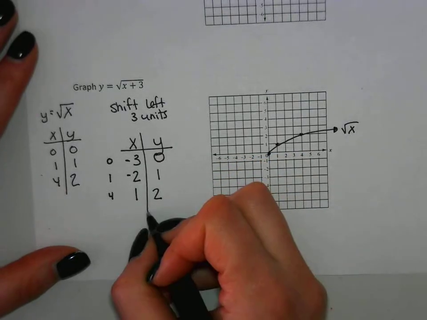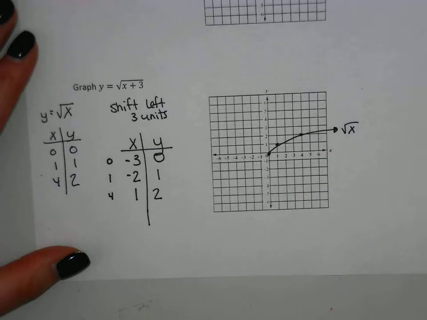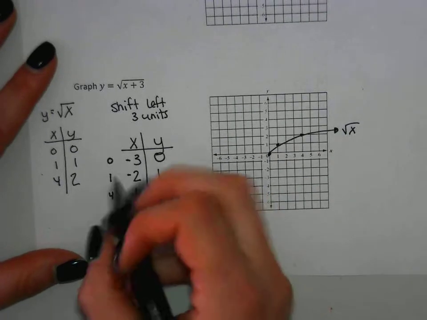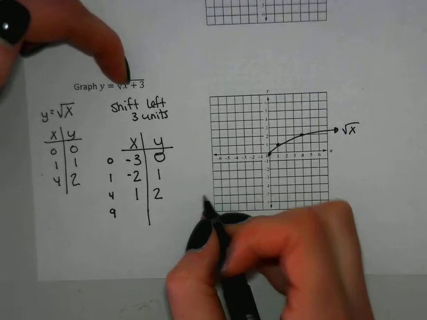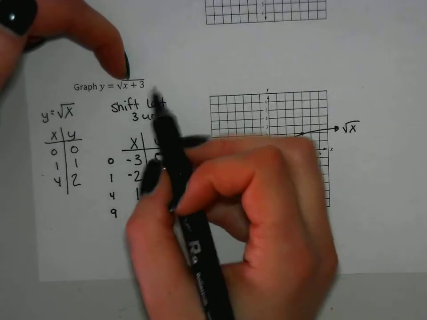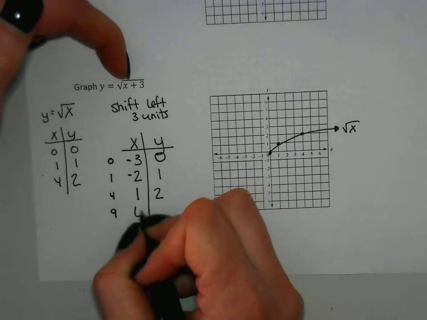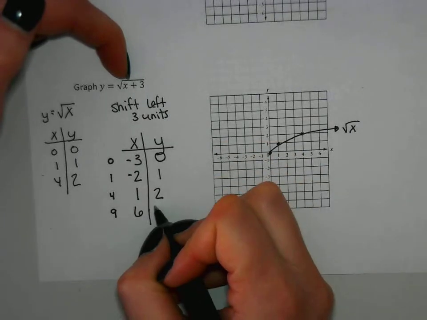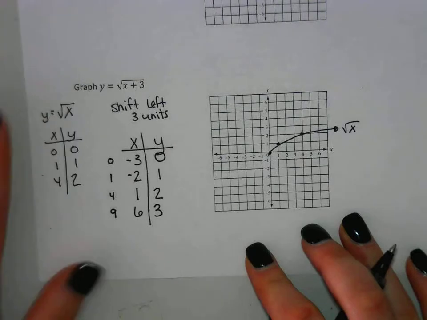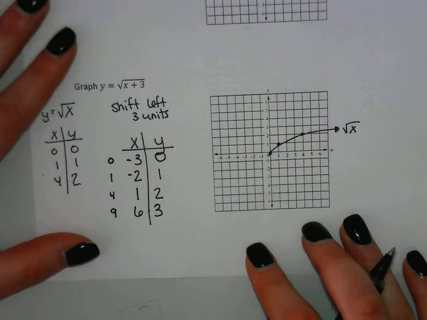Let's see if we can fit one more into our graph, because we can go out to 6. Our next perfect square after 4 is 9. In order for our radicand to be 9, x needs to be 6. 6 plus 3 is 9, and the square root of 9 is 3. So let's graph.